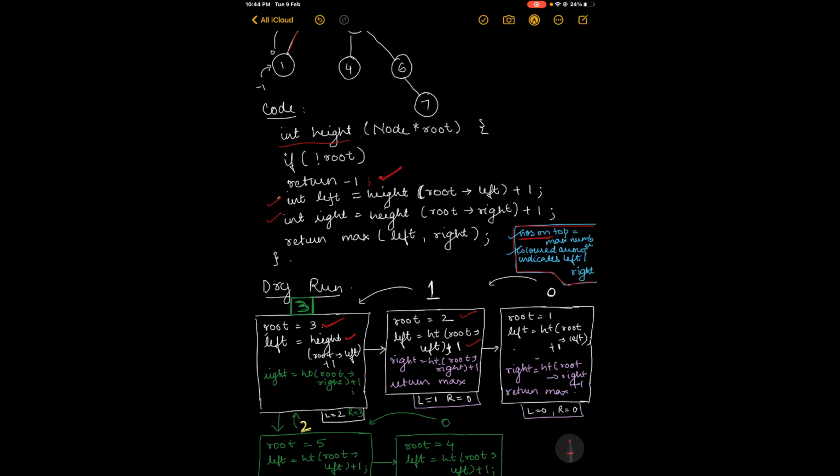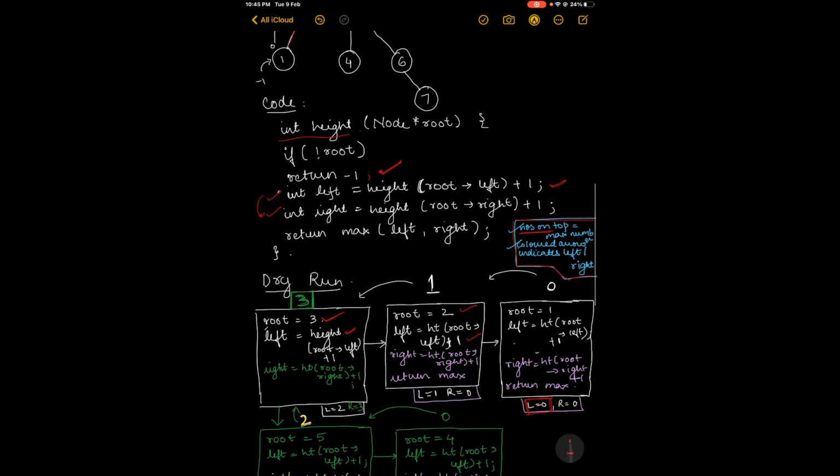Minus 1 plus 1 will be 0, so left will be 0 in this case, as I have written here. Once that is done, this step is fully completed in this particular block, so we can resume our code from here.